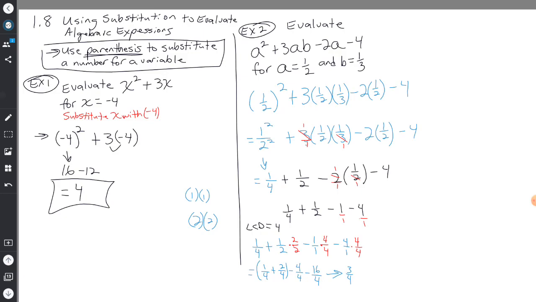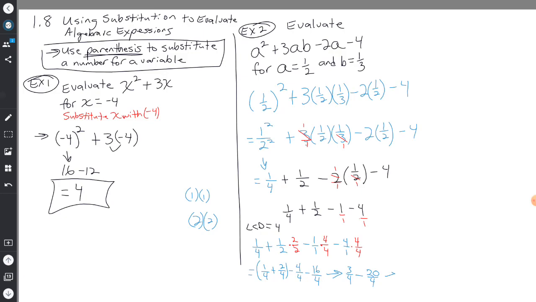And then if we look at these two, negative 4 minus 16 gives us what? Negative 20. So negative 20 over 4 for this part here.